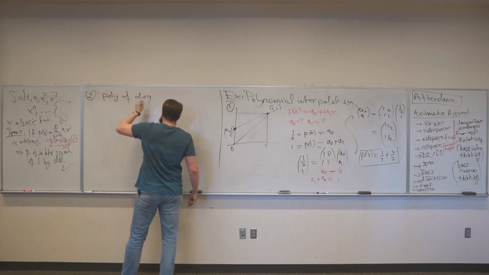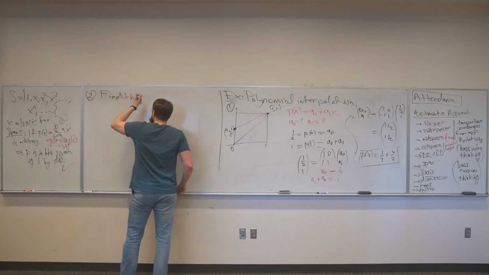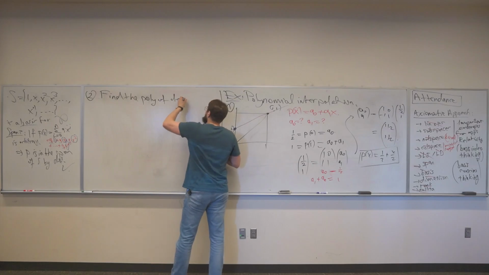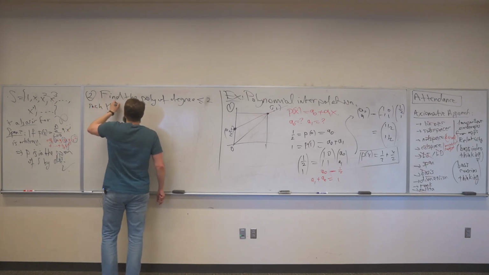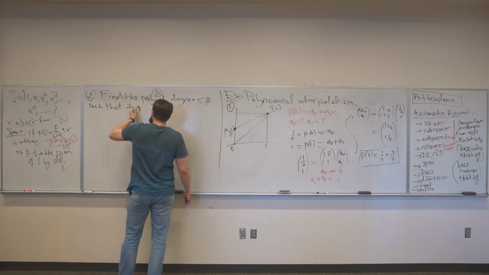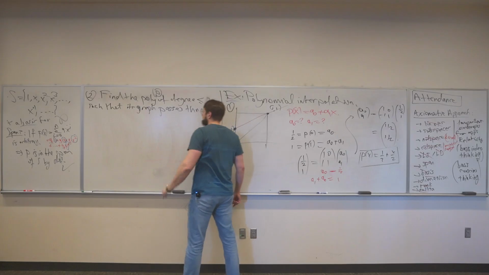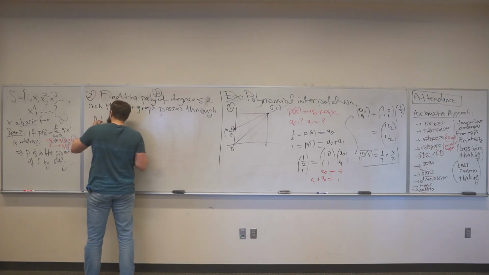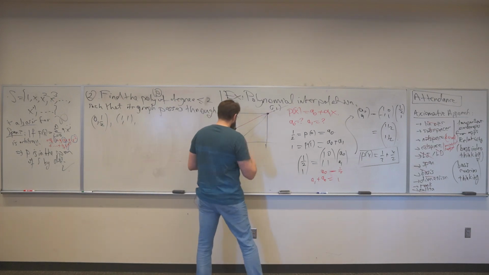Find the polynomial of degree at most 2, say the polynomial is called p, such that its graph passes through, let's say, these 2 points, and then I'll give you one more point. Let's take 1/2, 1/2.